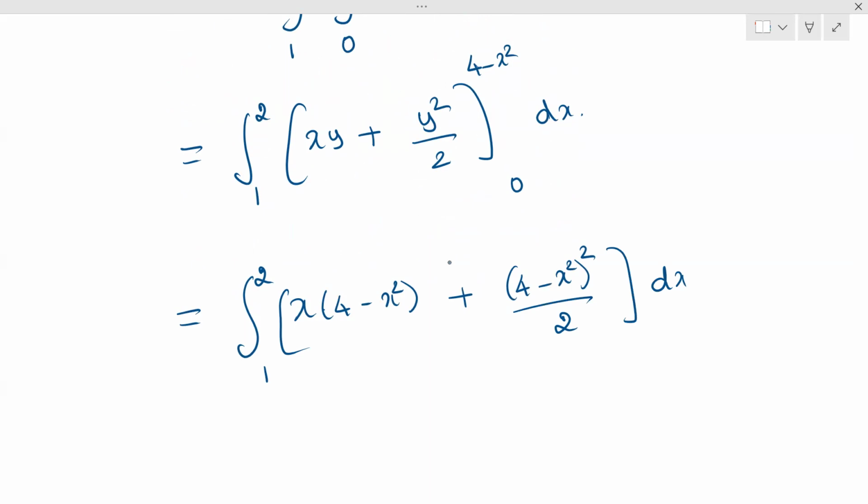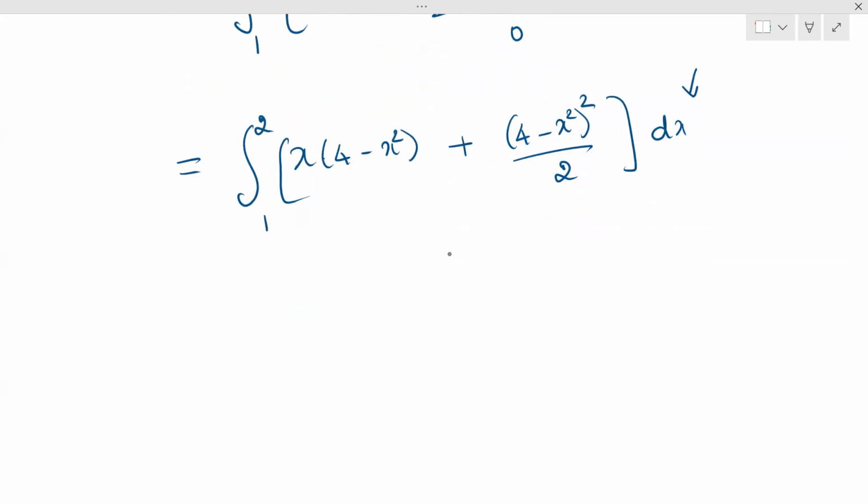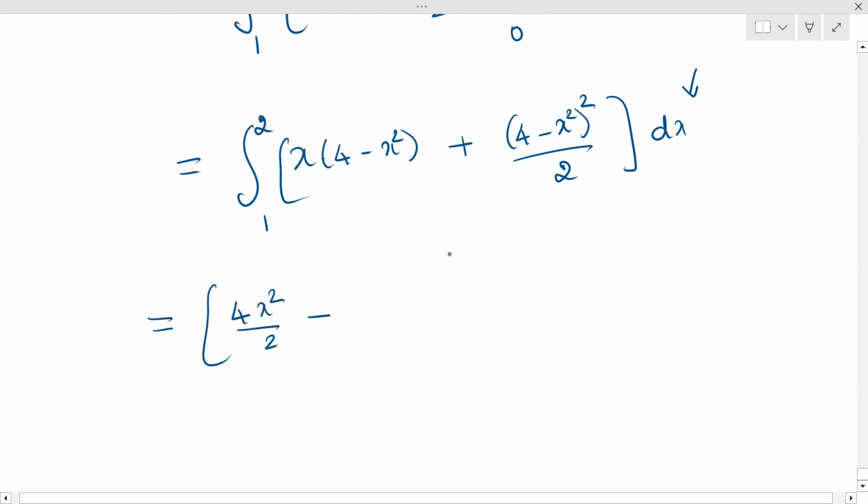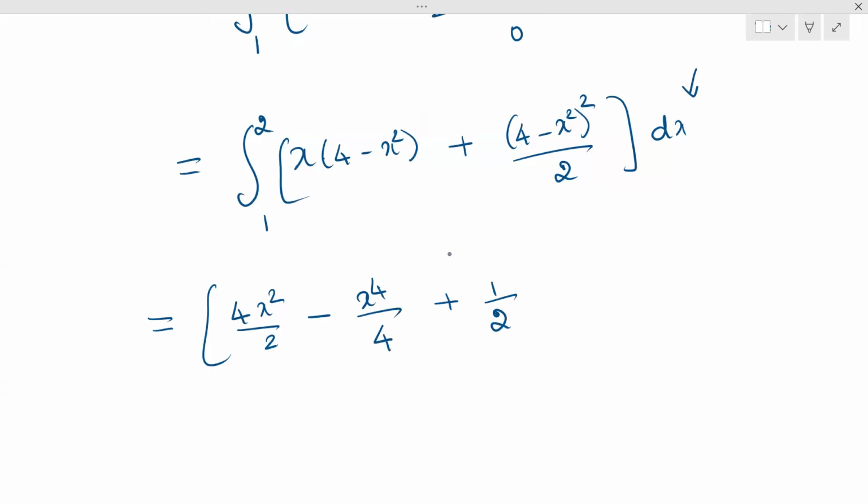Now we have to do the outer integration with respect to x. Okay, so it is a very simple one. So the first term is 4x, so the integration is 4x squared by 2. The second term x cube, so that is x power 4 by 4. Here I am taking the square outside using the (a minus b) whole square formula. So a square is 16, integration 16x. b square is x power 4, integration x power 5 by 5.